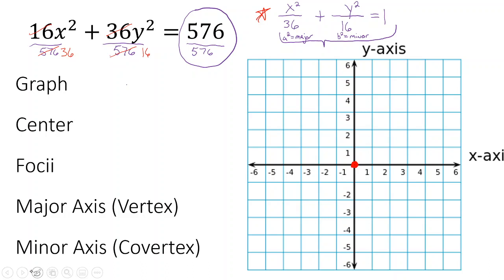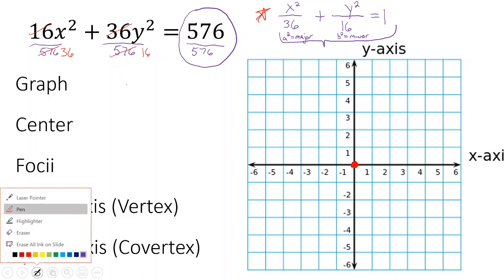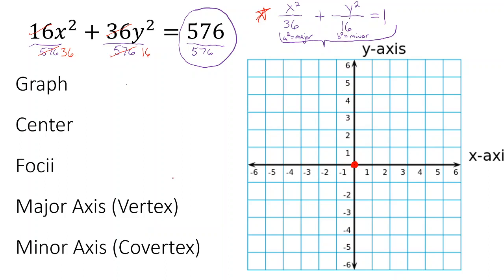So if I were to look at the major axis first, a squared equals 36. So a equals plus or minus 6, because the square root of 36 is 6. So that means in the x direction, I go out 6, and I go out 6.